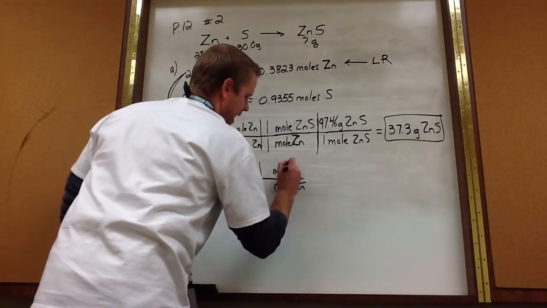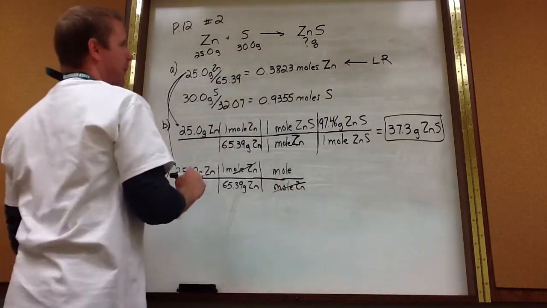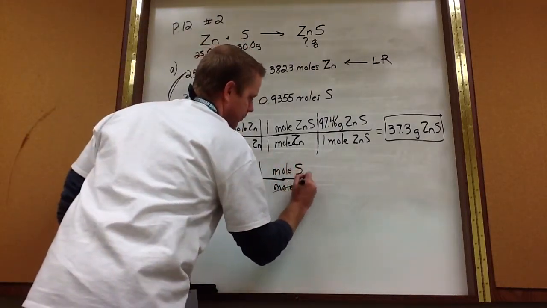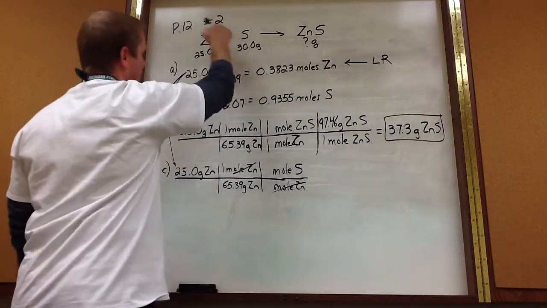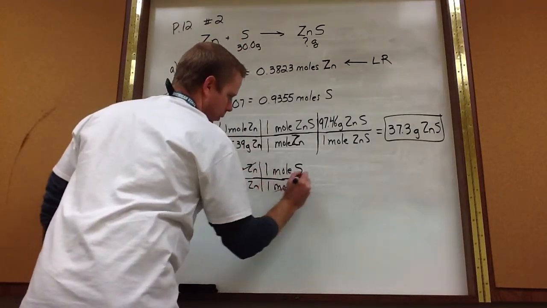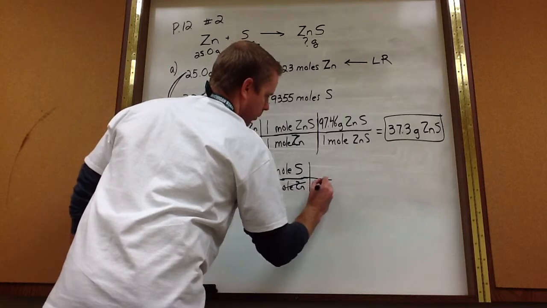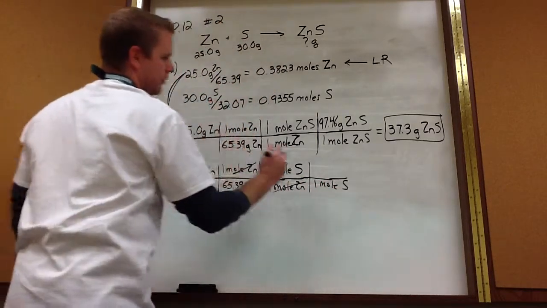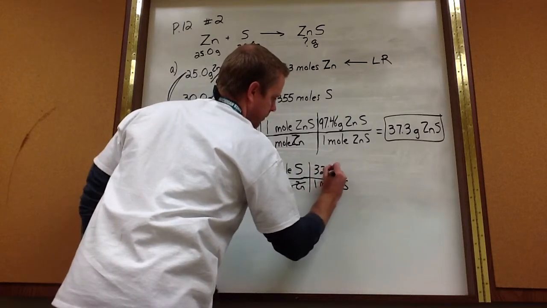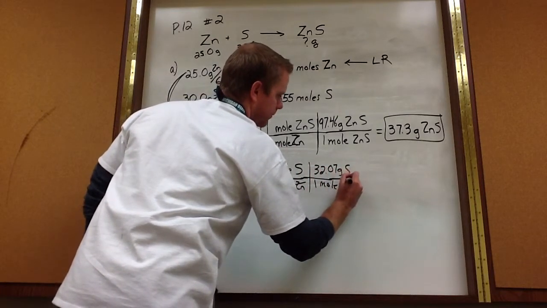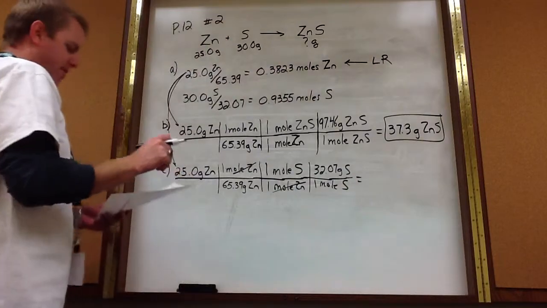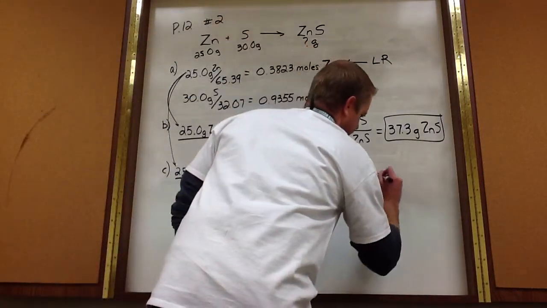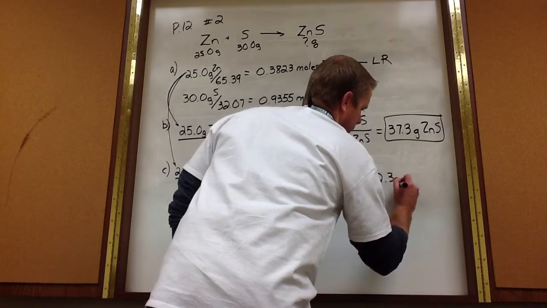But we want on the top something else. Now we want to know how much of the sulfur is left over. So it's moles of S. Well, it's 1 and 1. And then in 1 mole of sulfur, we established right here it's 32.07 grams of sulfur. You do the math on that and you get 12.3. 3 significant figures, 12.3 grams of sulfur.